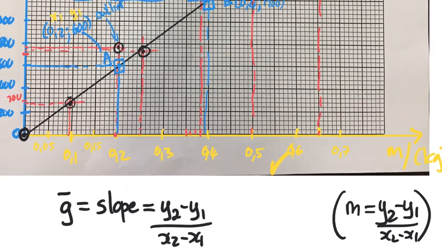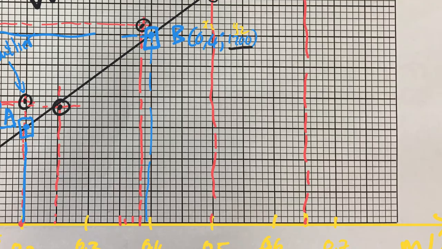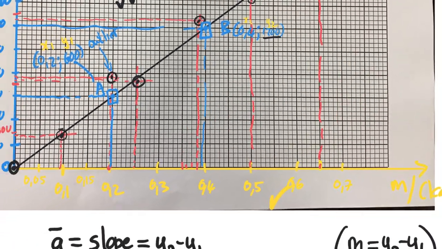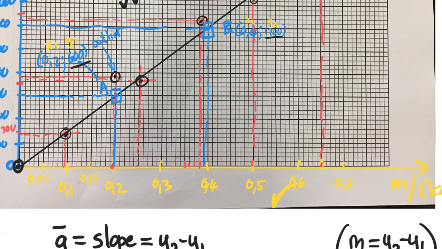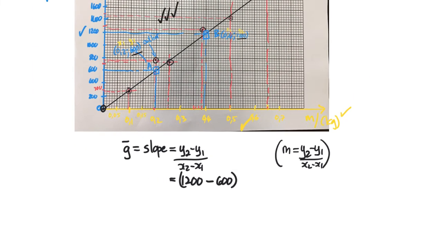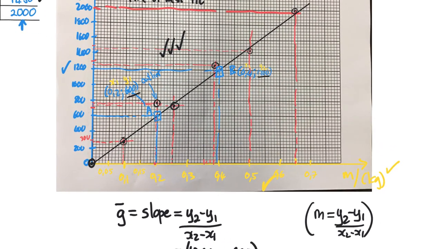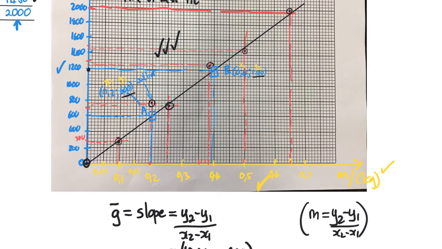Now, if we look at the points here, y2 is 1,200 and y1 is 600. So this is going to be 1,200 minus 600, but remember these are physical quantities, and so the 1,200 is on the weight axis and the 600 is on the weight axis.